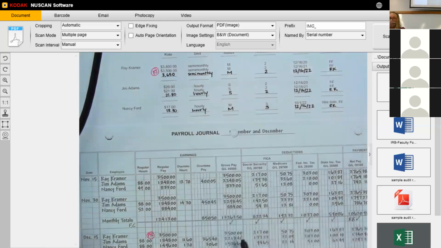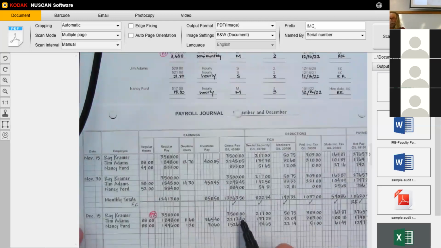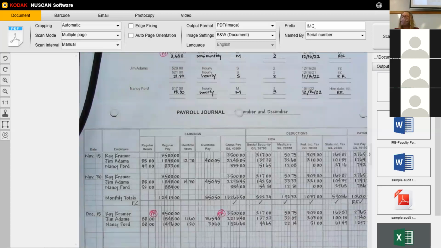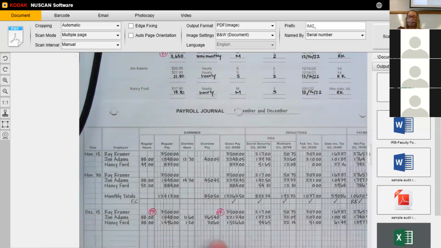Like we talked about on Monday, the gross pay is what gets reported in our payroll expense for the period. And all of these deductions are deductions for Social Security, for Medicare, for the federal income tax. They're in Illinois, I believe, so for their state income tax. Those are all deductions from payroll that are reported separately from the payroll expense.